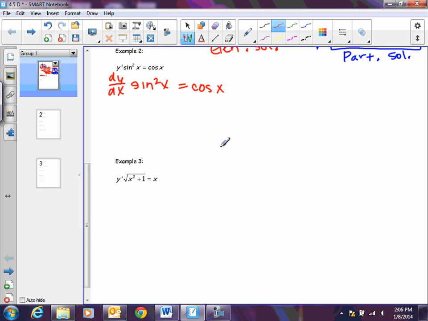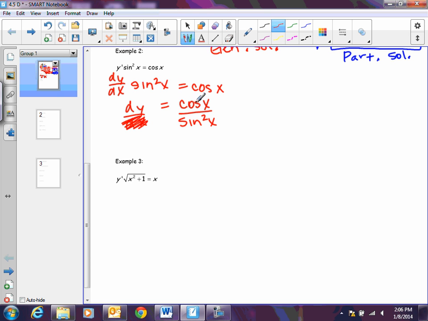Okay. Are my variables separated? No. What's the step we need to do? Yeah, I definitely need to divide by sine squared x. And that's going to be dy over dx over here. And then what?